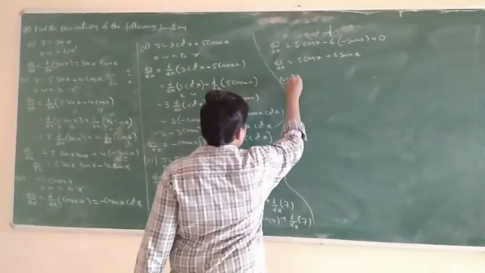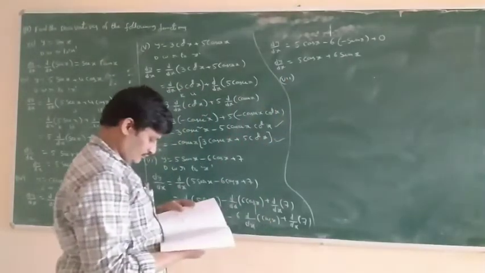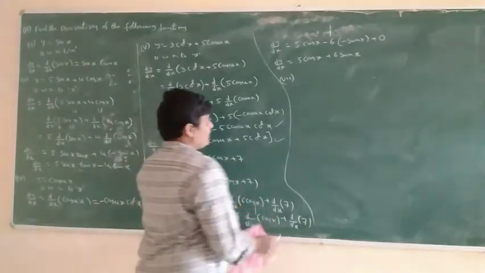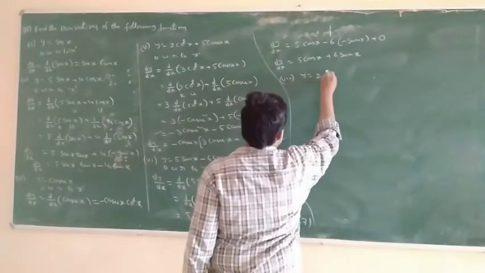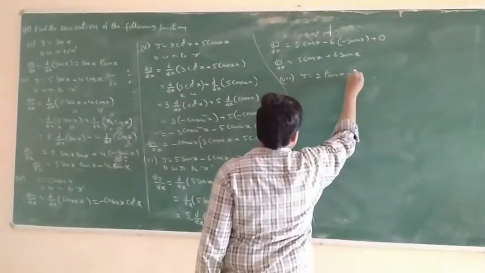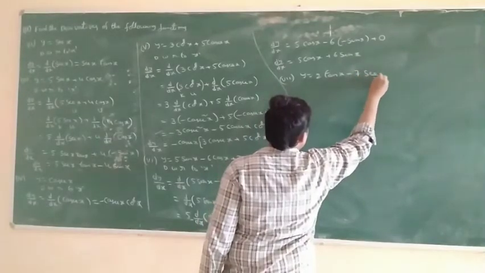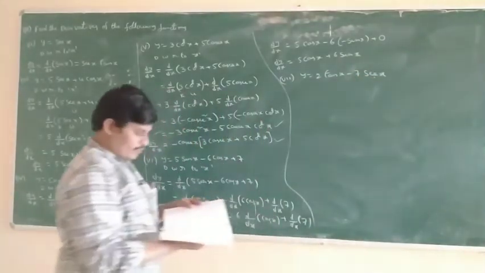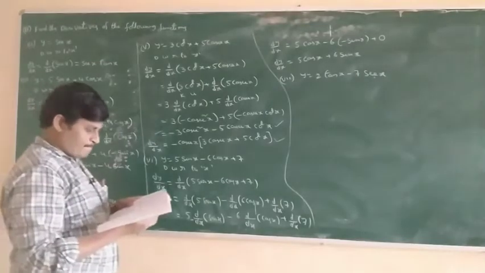Seventh one. y is equal to 2 tan x minus 7 secant x.